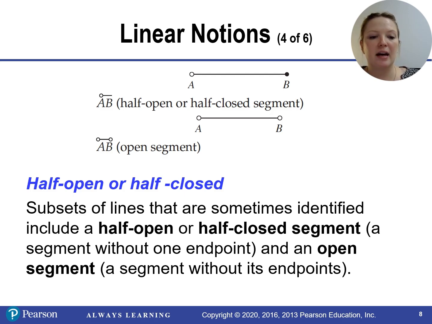If it's half open or half closed, then that means that one of the 2 points is what we call open, meaning that point is not included in the segment. We have all the other points between A and B except for A. And we could also have a completely open segment where it's all of the points in between A and B, but not including A and B.